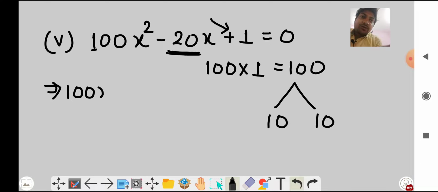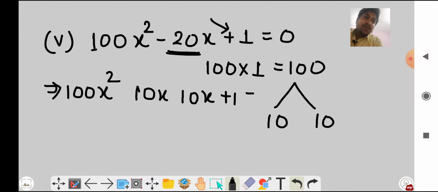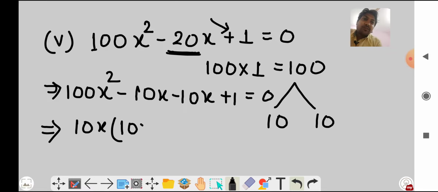So 100x square, here you will have to write 10x, then you write 10x plus 1 equals to 0. Now we have to bring minus 10, so just put a minus sign, right? After that, just simplify it. From these two terms, 10x is common, so here it will remain 10x minus 1.